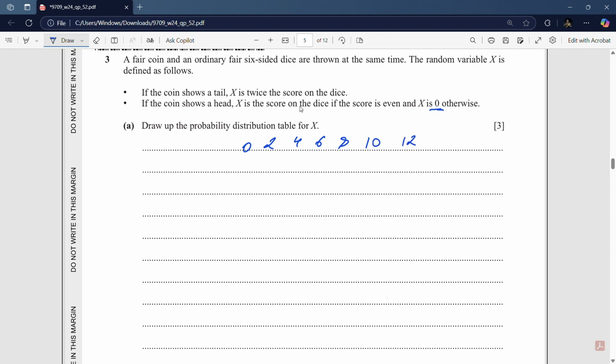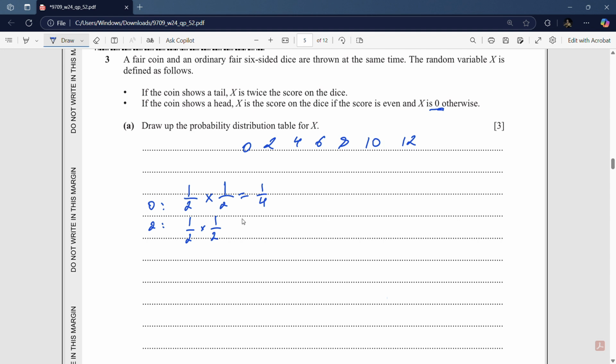So first let's find when we're having 0. So the coin should show a head, and you should get odd numbers on the dice. So it's 1 over 2, so it's total 1 over 4. So it's 4, 0. And when we are having a score of 2, either it should show a tail, which is 1 over 2 multiplied by, and we should get 1 from the dice.